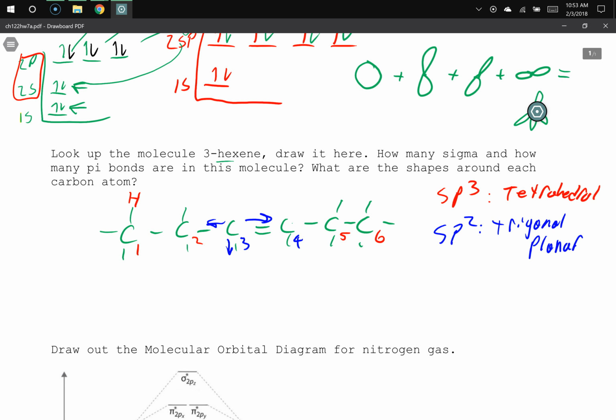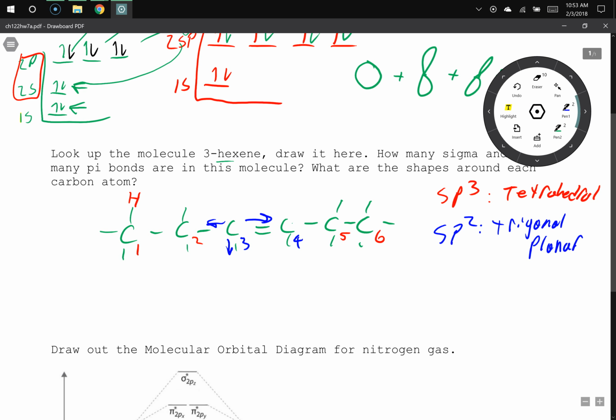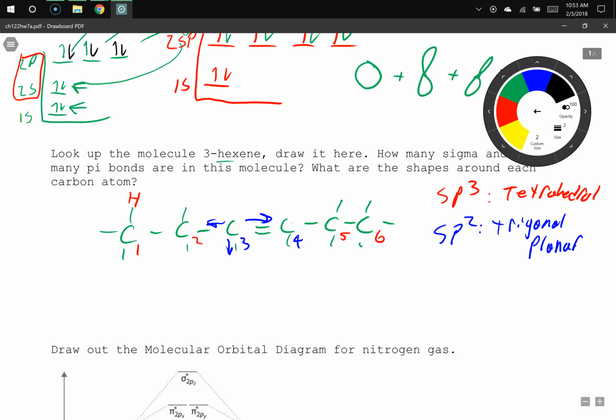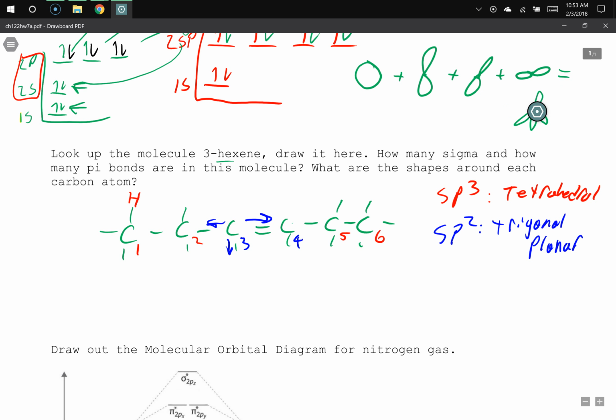So the question is, how many sigma and how many pi bonds are in this molecule, and what are the shapes around each carbon? Anytime there's any s character, that's a sigma bond. And anytime there's a double bond, that's just p by itself. So I've only got 1 pi bond. Let's change colors here again to black.